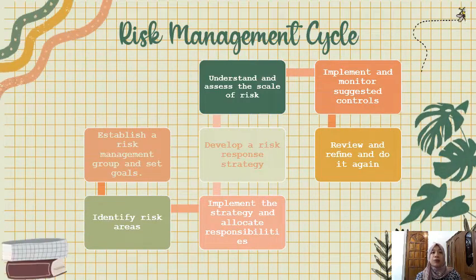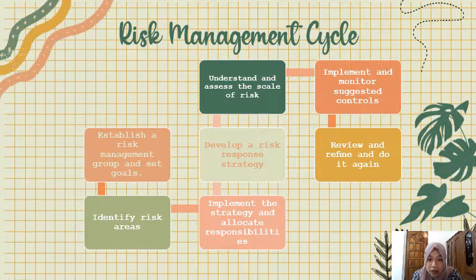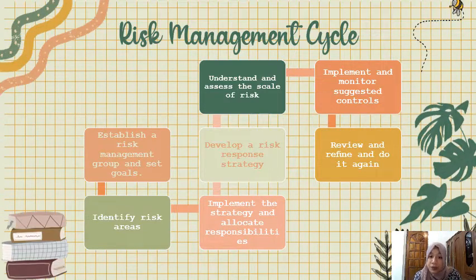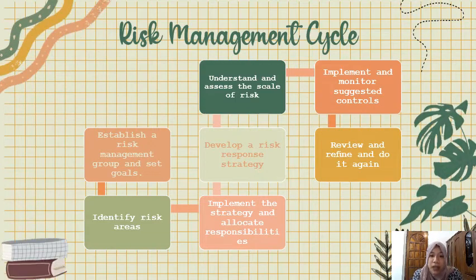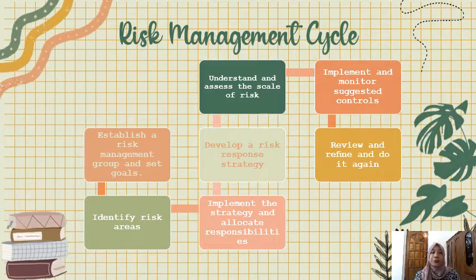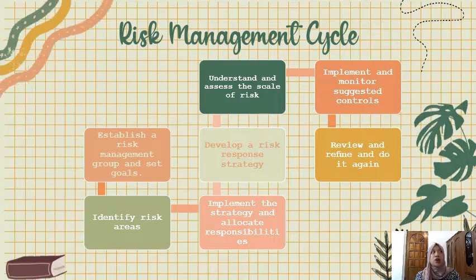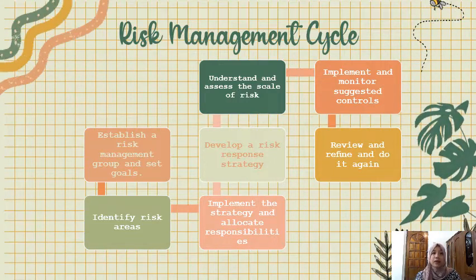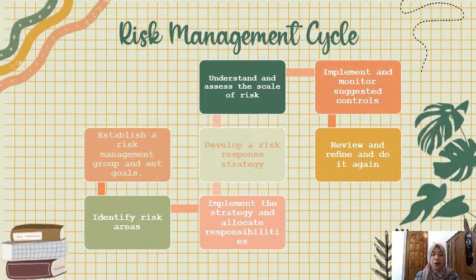After developing a risk response strategy, next is to implement the strategy and allocate responsibilities. The chosen strategies should be allocated and communicated to those responsible for implementation.